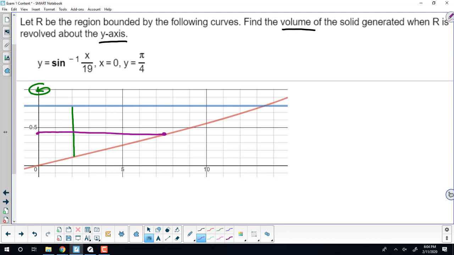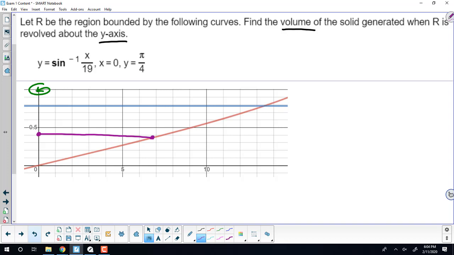Perpendicular seems easier to me. So if we go perpendicular, this is one of our rectangles. What kind of figure do we generate that we're finding the area of?